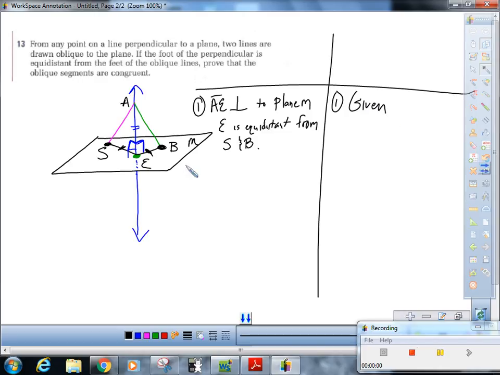The first thing I'll say is that AE is perpendicular to SE and BE.